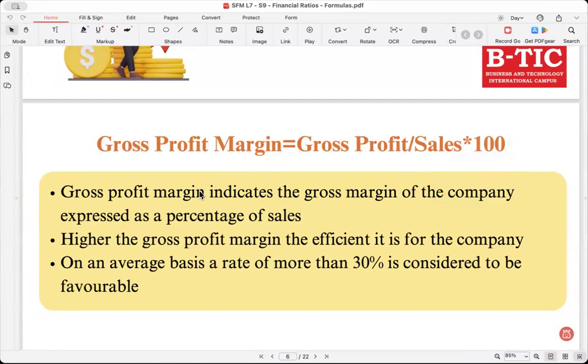So gross profit margin indicates the gross margin of the company expressed as a percentage of sales. Higher the gross profit, the better it is, right? On an average basis, a rate of more than 30% is considered to be favorable.